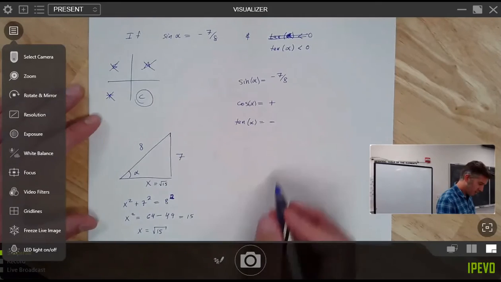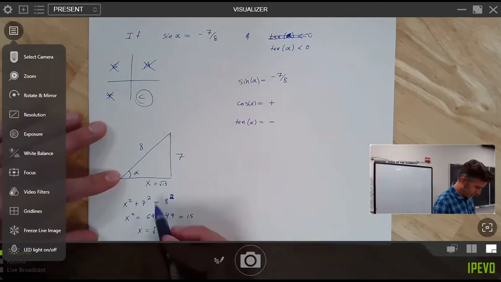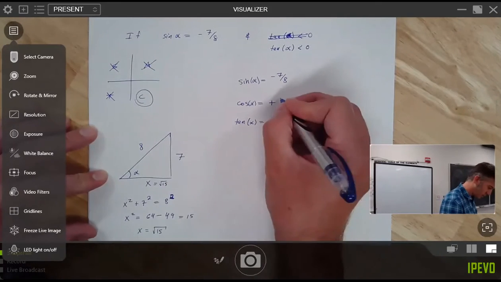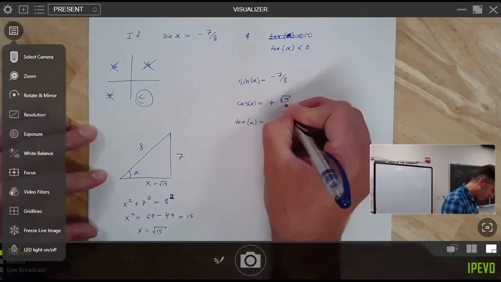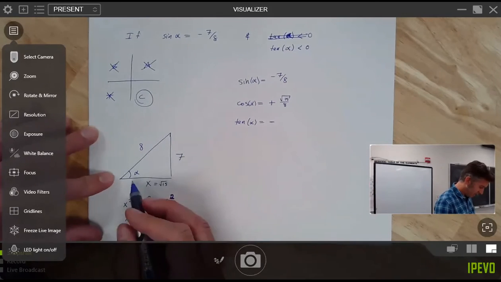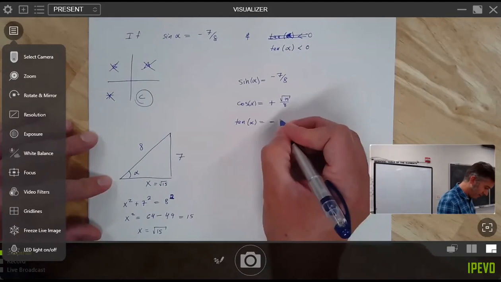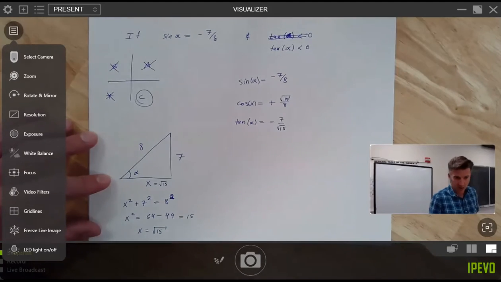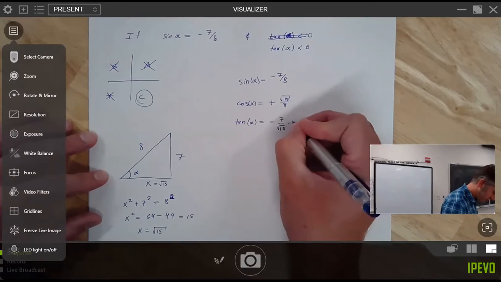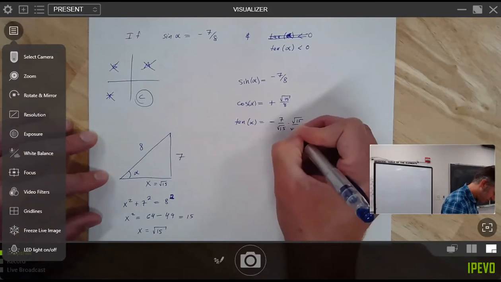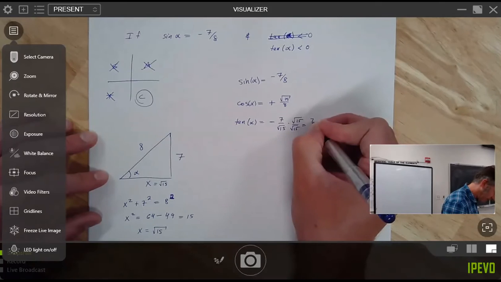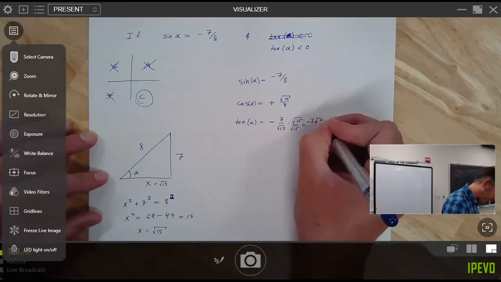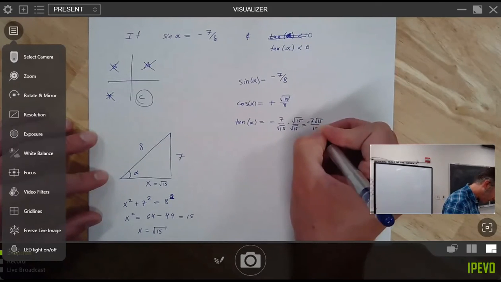So then cosine of alpha is going to be adjacent over hypotenuse, which is the square root of 15 over 8. Tangent of alpha is going to be negative 7 over the square root of 15, which we then rationalize to get negative 7 root 15 over 15.